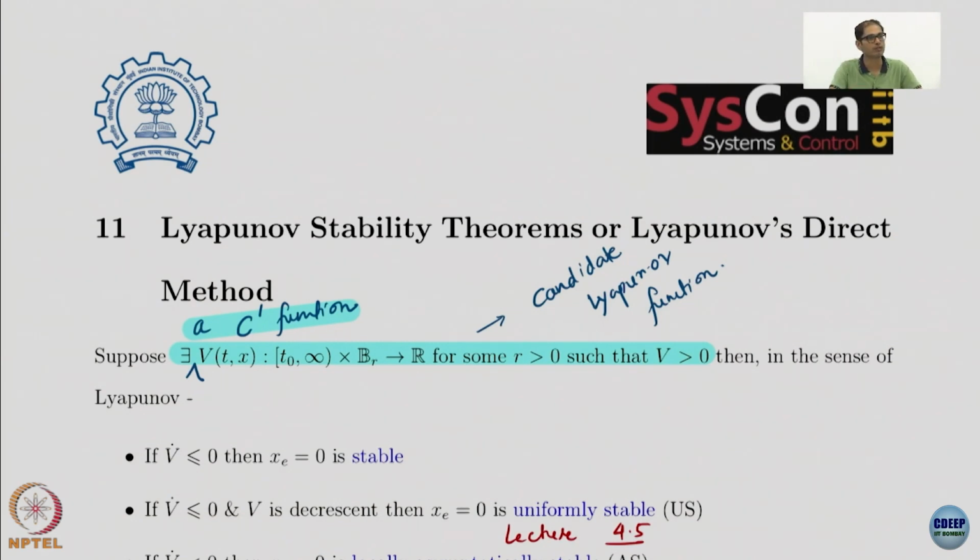Lyapunov functions are constructed primarily by experience, previous literature, and the energy of the system gives you some motivation, but it is still a hunt. This is one of the complaints most people have about nonlinear systems, but this is why I love nonlinear systems, because it is not the case that for everything I take x transpose Px and it works. No, it doesn't work.